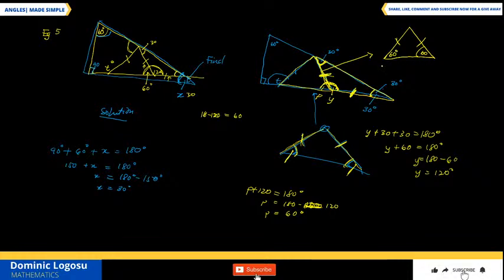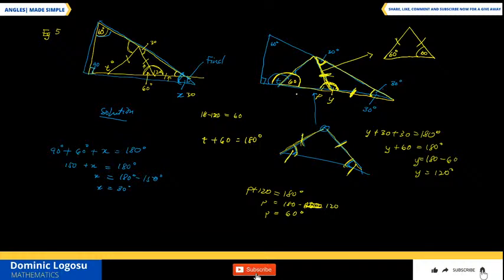Once you've established that this is also 60 degrees, you don't have to bother about finding the other angle, because if I look at this triangle, 60, 60, it means that this place is 60. And then this is where they say you should find T. Can't you guess the value for T? What do you think will be the value for T? You just have to do T plus 60 equals 180 degrees, because it's a supplementary angle.